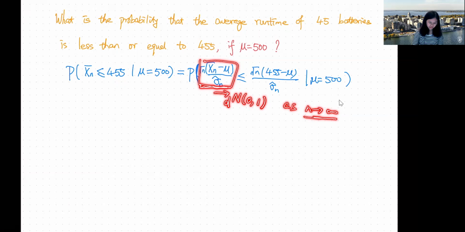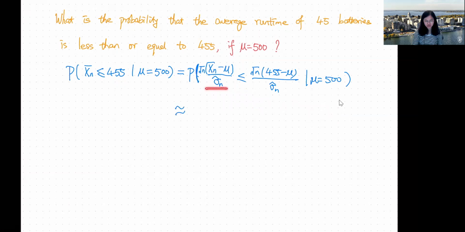So therefore, we can use standard normal to approximate the distribution of this random variable, and this probability will become the standard normal CDF evaluated at this point.